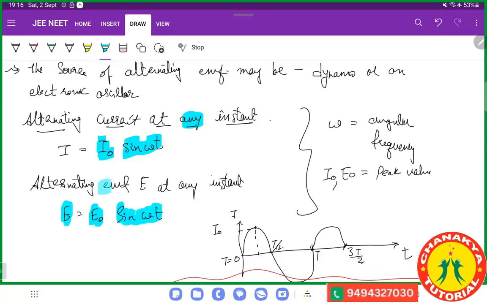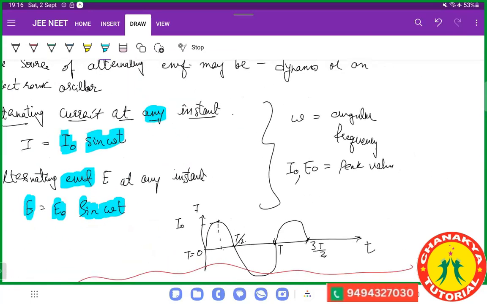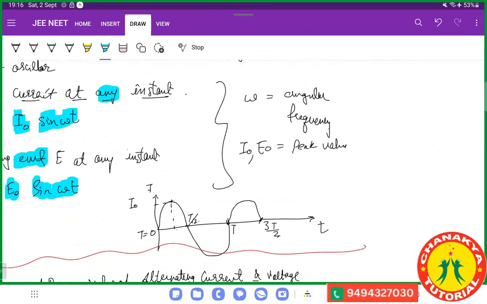EMF means electromotive force, and electromotive force means a force which is required. We have discussed EMF a little in 10th standard also. So if this is the connection and this is the battery connected, this is the force which makes the electrons move.